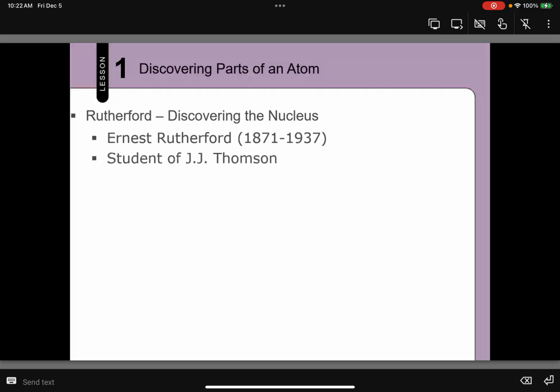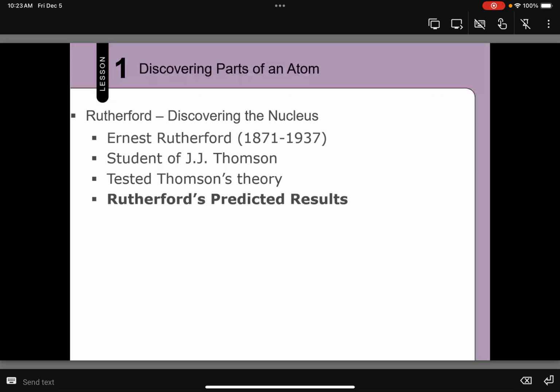Our next scientist is a guy named Ernest Rutherford. He was a student of J.J. Thomson's. And because he was a student, he knew a lot of that information, right? And so he wanted to test Thomson's theory to see if he was correct in his assumptions.